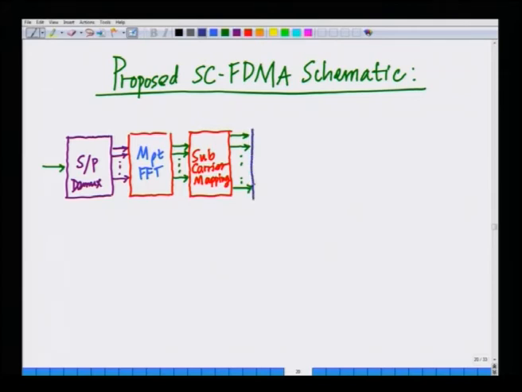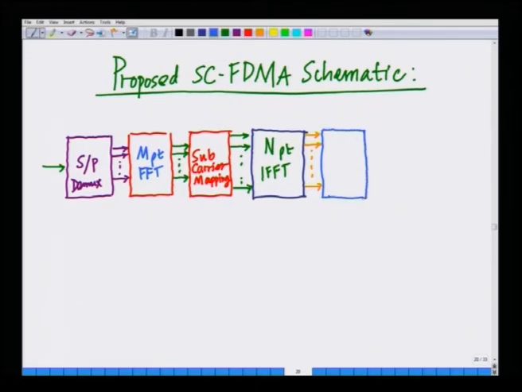map them to the subcarriers, and after I map them to the subcarriers, I can now perform an N-point IFFT. And the rest is exactly like we had earlier, which is, out of this N-point IFFT, I will serialize it, that is, I will convert from parallel to serial, that is a multiplexing operation.